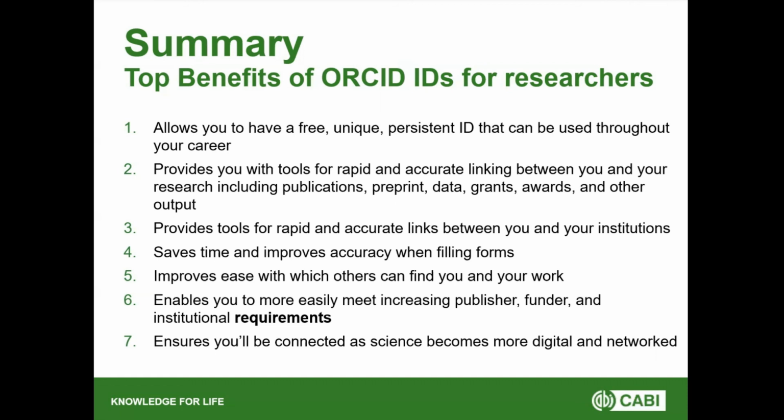And it will improve the ease with which others can find you and your work. Of critical importance, ORCID IDs enable you to more easily meet the increasing requirements of publishers, funders, institutions, and others. And it ensures that you'll stay connected as science becomes more digital and networked.